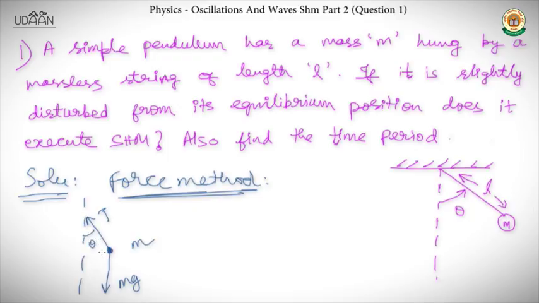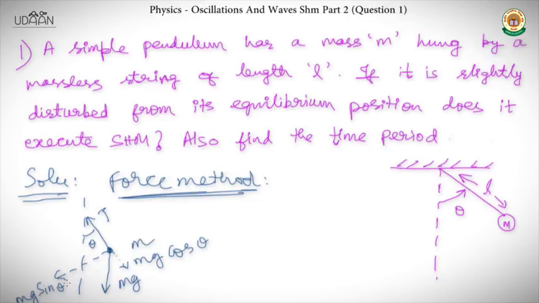This FBD is at an angle theta for the system. So next we write the equations of motion. Now when you write the components of weight, this is mg cos theta and this component is mg sin theta.